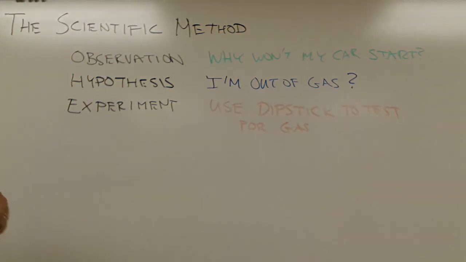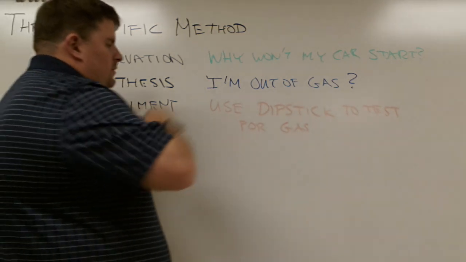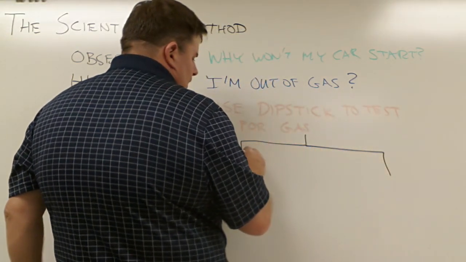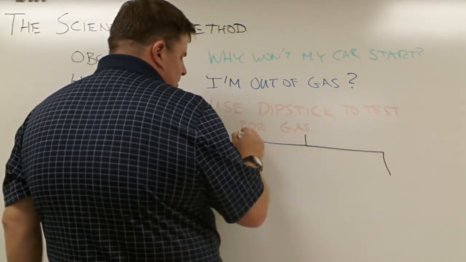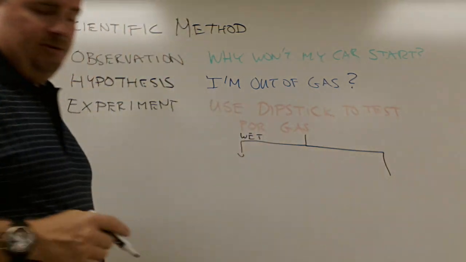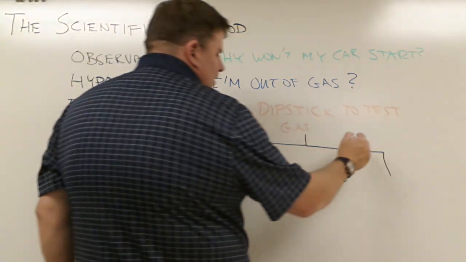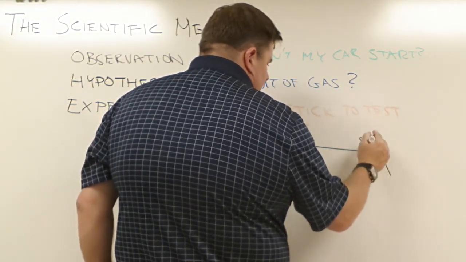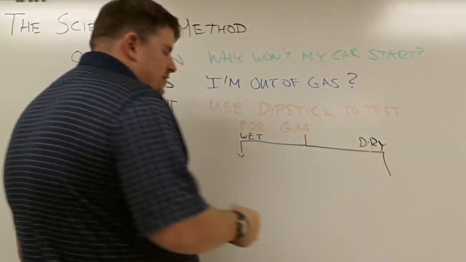So I test for gas at that point, and I check that out and see what's going on. And I've got two possible options. First option is that it's wet. And the second option is that the dipstick is dry. What that means is I have two possible outcomes for this experiment.